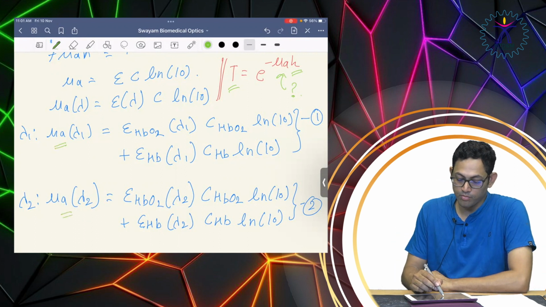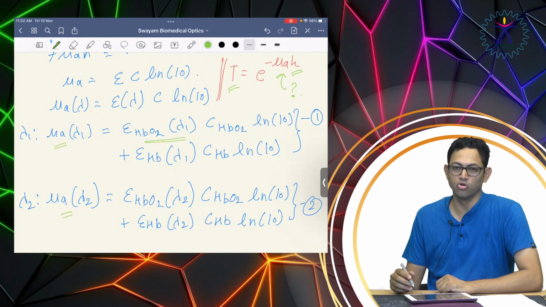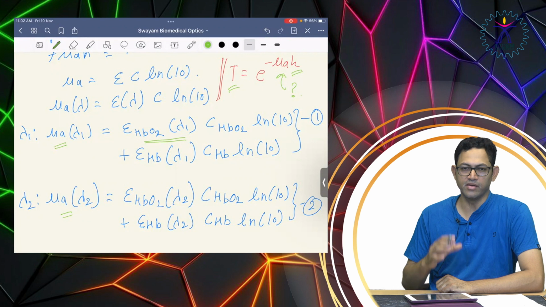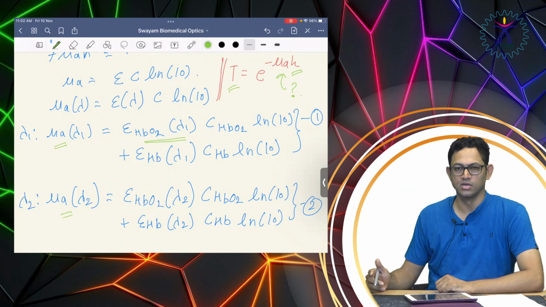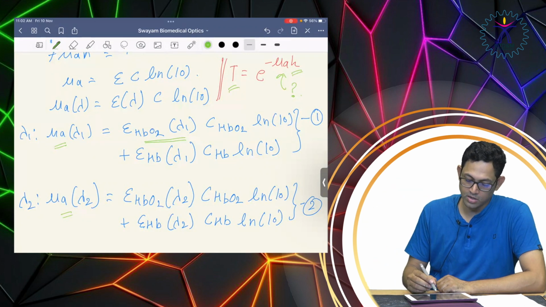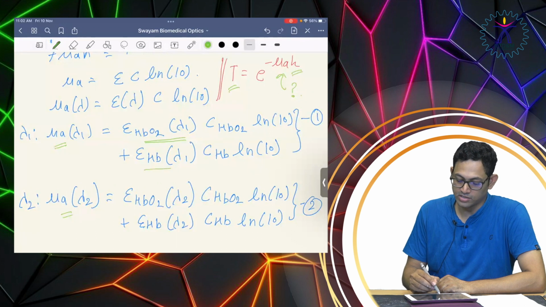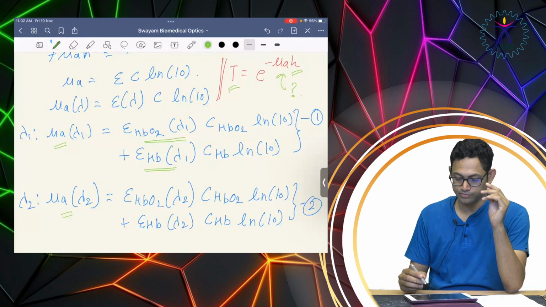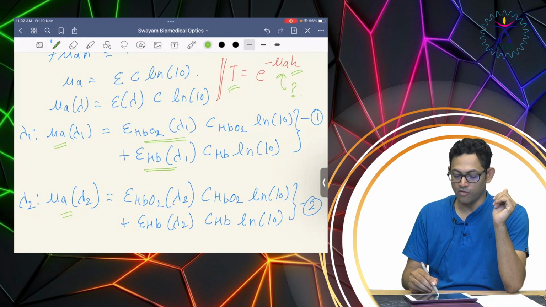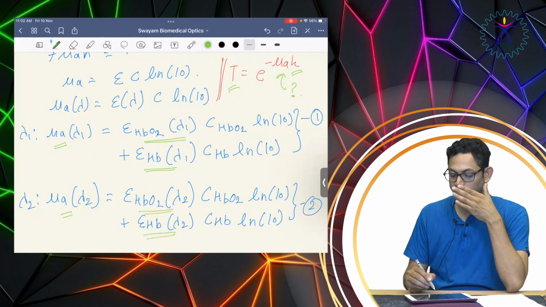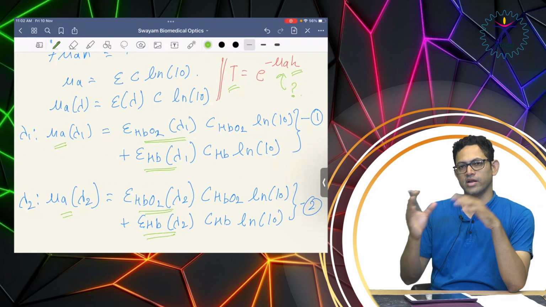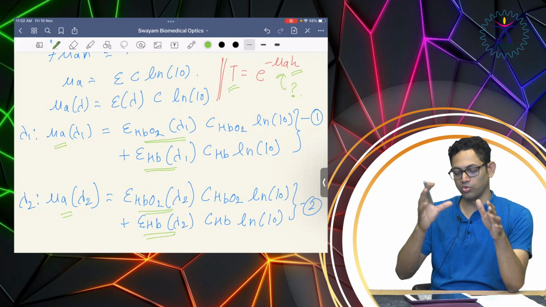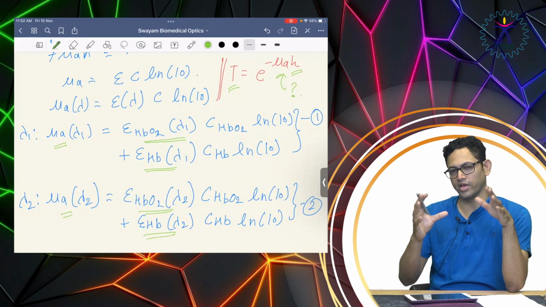The extinction coefficient of oxygenated hemoglobin at lambda 1, we can find from the graph mentioned in the question. Similarly, we can find the extinction coefficient of deoxygenated hemoglobin at lambda 1, and similarly at lambda 2 as well, at 660 nanometers and 940 nanometers.